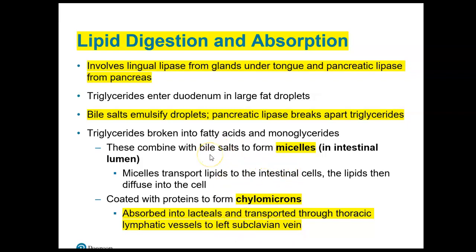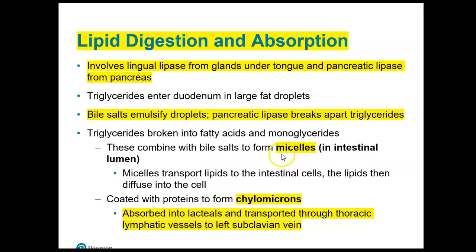The first thing is that triglycerides, which is just another name for fats, are broken down into fatty acids and monoglycerides. They combine with bile salts to form micelles. And this happens inside the lumen of the small intestine.